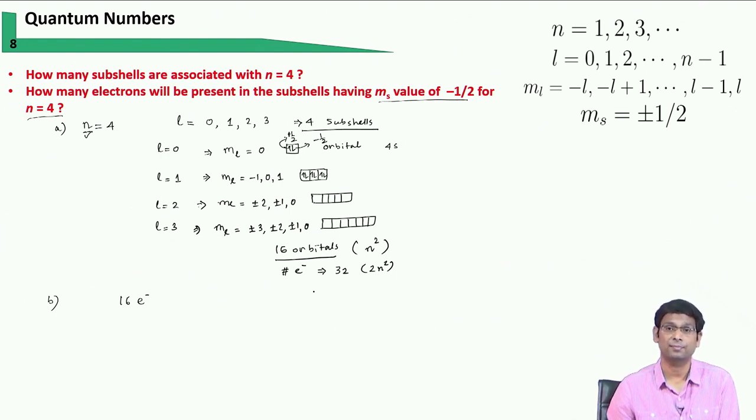The remaining 16 will be beta electrons, which will have ms equals minus half. So, this question concerns the quantum numbers of an electron.